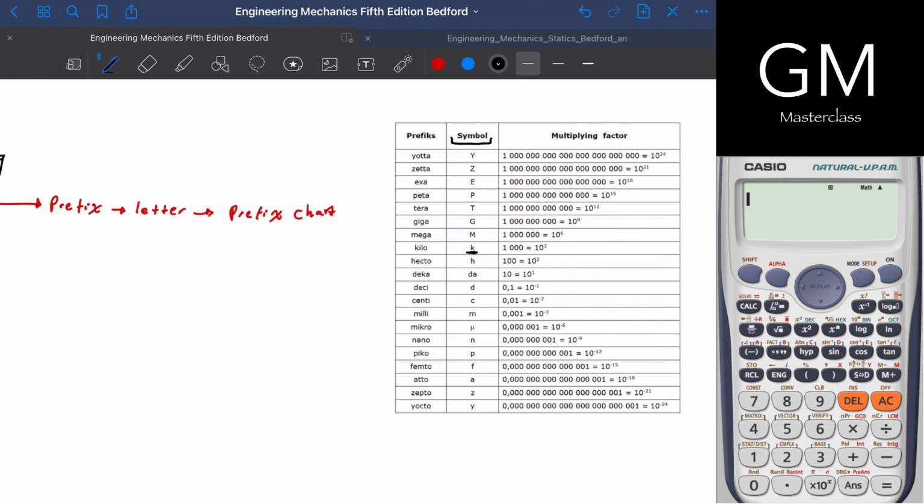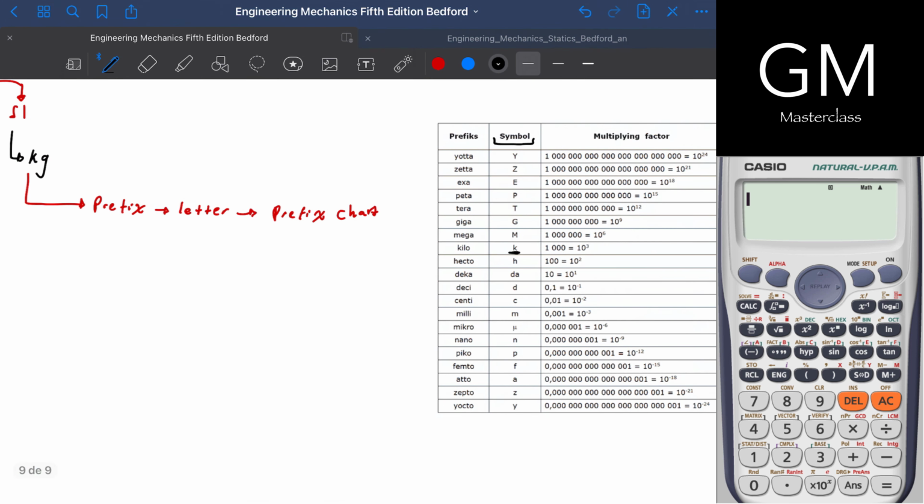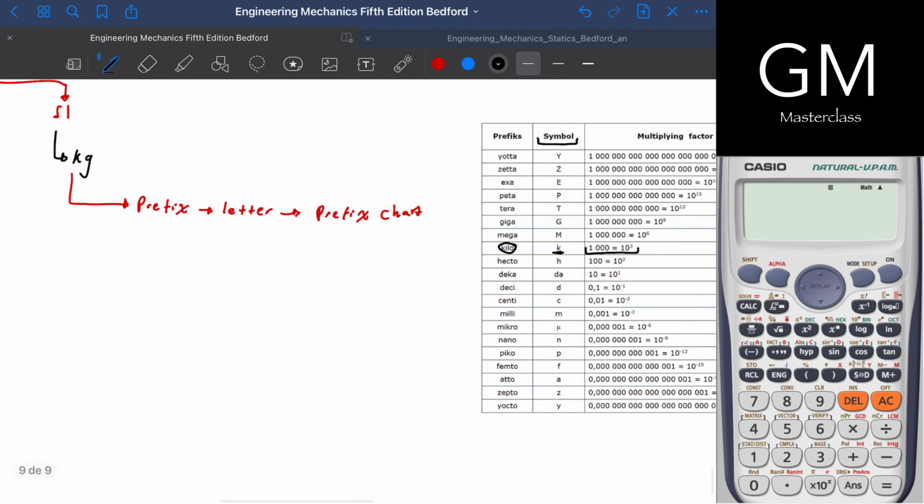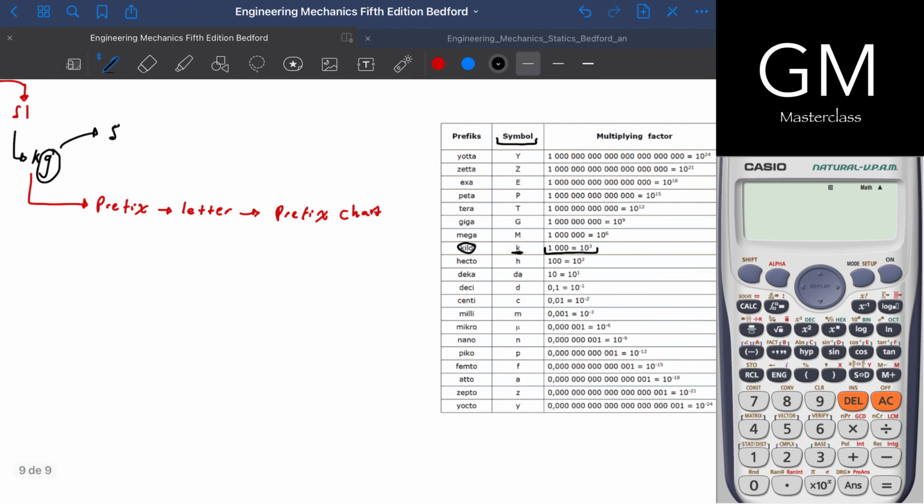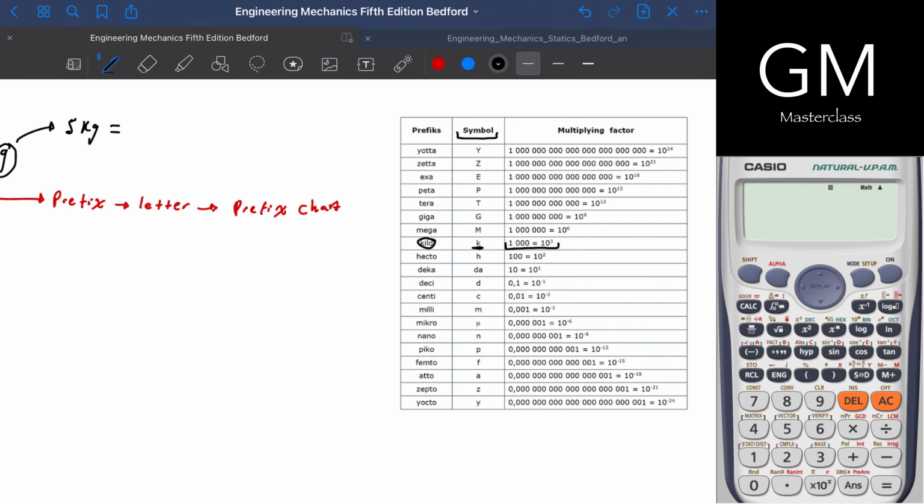In this case, the letter K, which is kilo, will mean that the grams that I have right here, for example, 5 grams, I have to multiply by 10 to the third power, which is this one. So 5 kilograms are going to be equal to 5 times 10 to the third power grams.